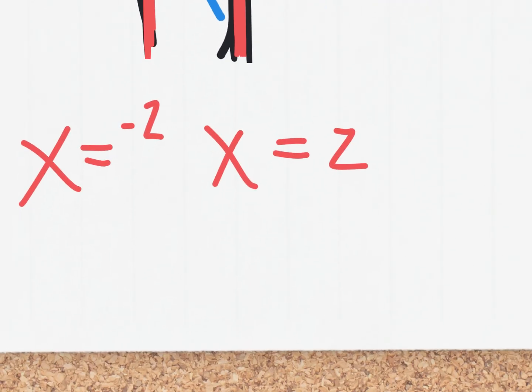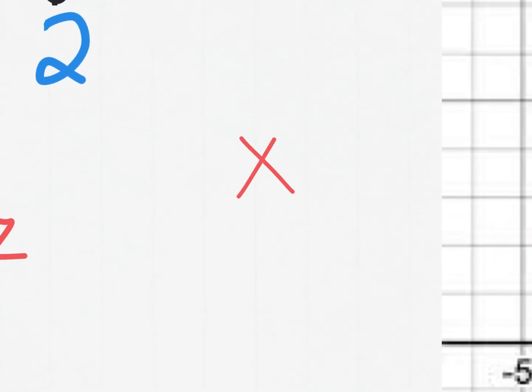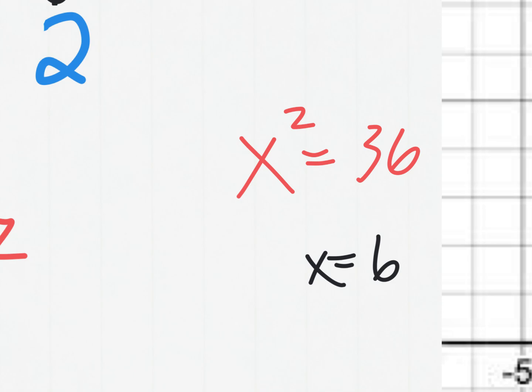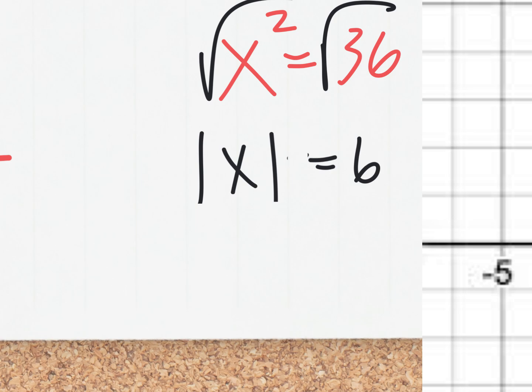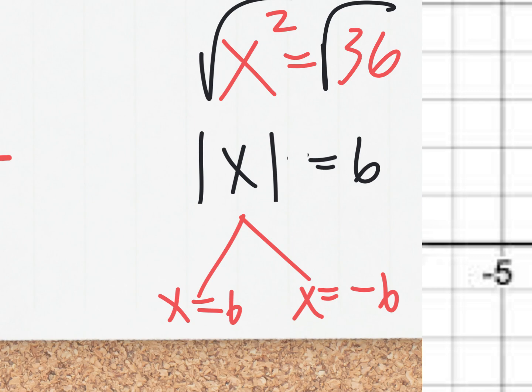So the most common wrong answer on the test is going to be some poor kid just going, oh, I can do this in my head, and x is 6. There's 2 answers. The square root, absolute value of x is 6. And that tells you it could either be x equals 6 or x equals -6. That's how you do absolute values.